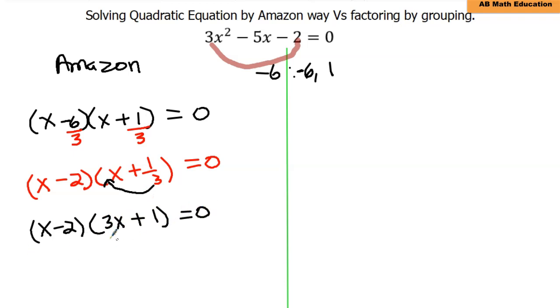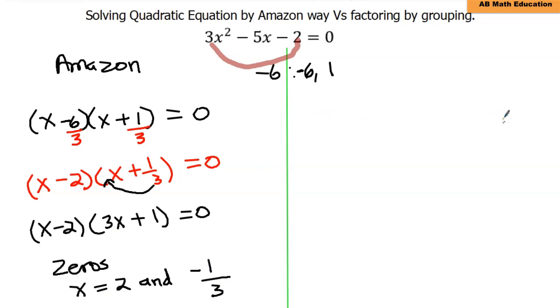So now these are the factors, or the factored form, of this quadratic in standard form. Okay, so if we were looking for the solution or the zeros, then it's going to be the opposite, which is +2, and here the opposite of this is going to be -1, and the opposite of multiplication is going to be division. So these are the solutions.